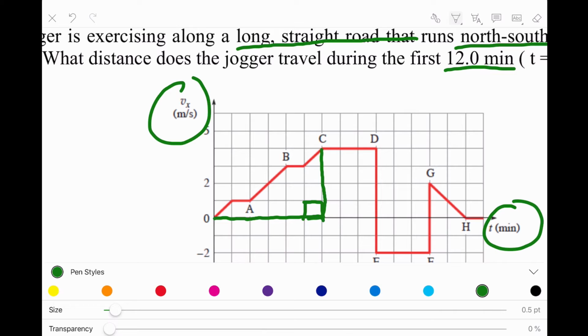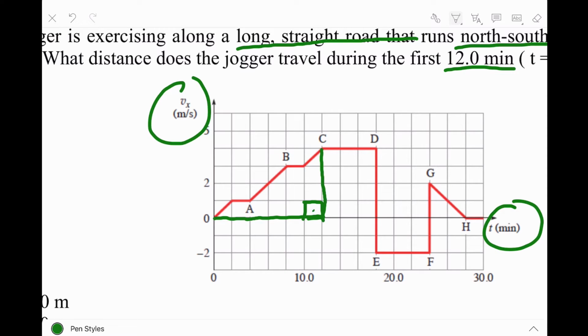Yep. So this is 1, 2, 3, 3.5. So I can say this is 3.5. Now the second row, 1, 2, 3 is 3. You add 1, 2, 2.5, 2.5, 1.5, 1. You see how I organize the counting, so I won't miss anything.